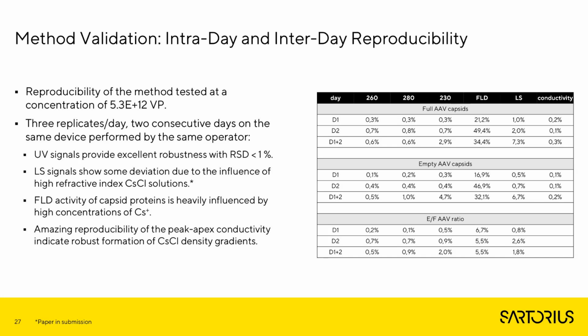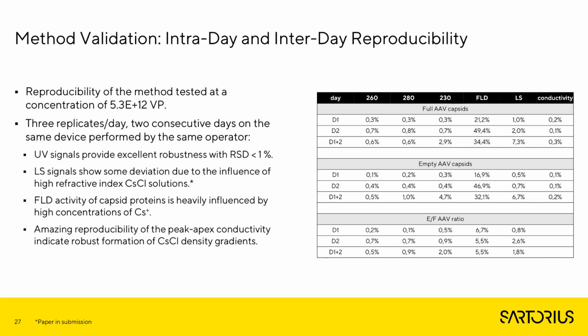We were a bit surprised by the result of fluorescence detector, which turned out to be not as accurate, for example, as UV or light scattering. And when we studied the scientific literature, it actually turned out that cesium chloride is heavily influencing the fluorescence properties of AAV capsids, and it is generating a lot of background noise.